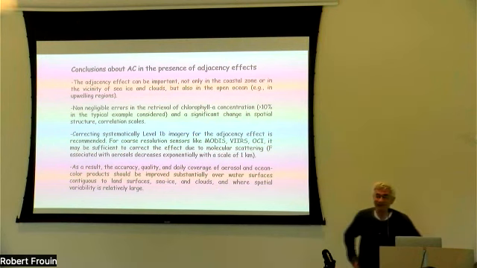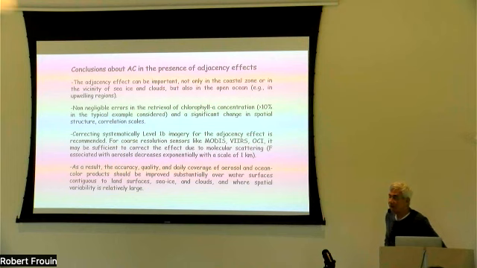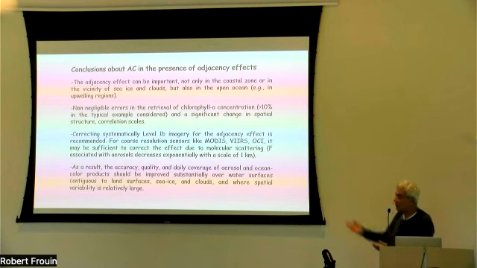I'm not sure. I think this is difficult to quantify because again you have to have in situ measurements and compare before correction and after correction. So I don't see very much of this in the literature, but this is something to check. However, we know theoretically that the coupling between molecular scattering and adjacency to ice is in lambda to the -4.